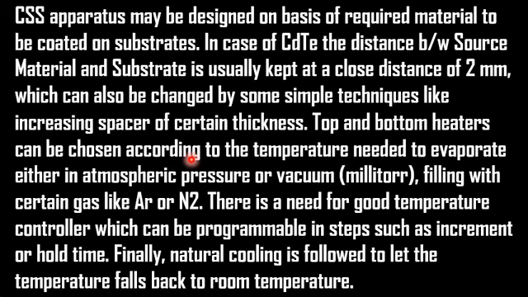So student, you can change the intensity, the temperature of the top and bottom heaters according to the desired requirement of the melting point of the substrate material. Okay, so the temperature is usually used to evaporate the precursor material.